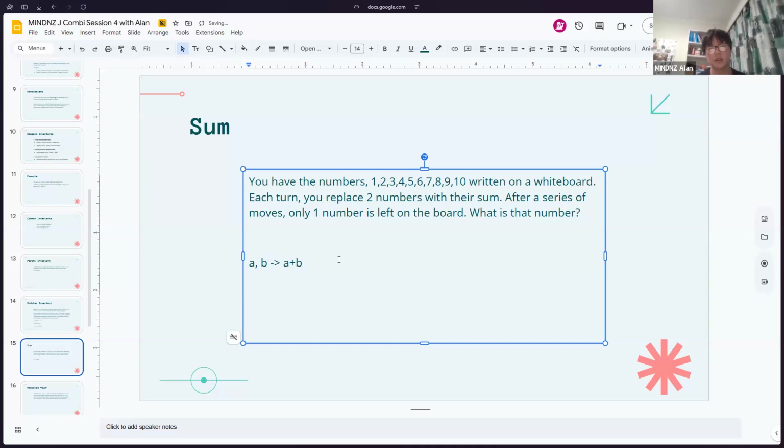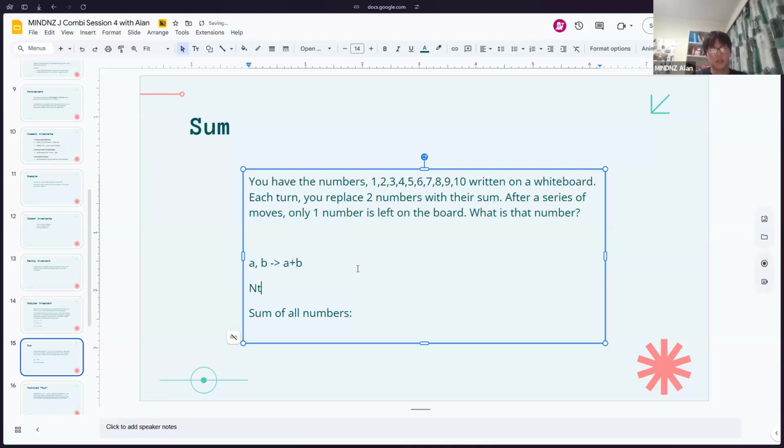So we can extend this to the sum of all numbers on the whiteboard. Because if the sum of the two numbers we take was a plus b originally, and we replace them with a plus b, then the new number has the same sum as before, which means the whole whiteboard has the same sum as before, right?